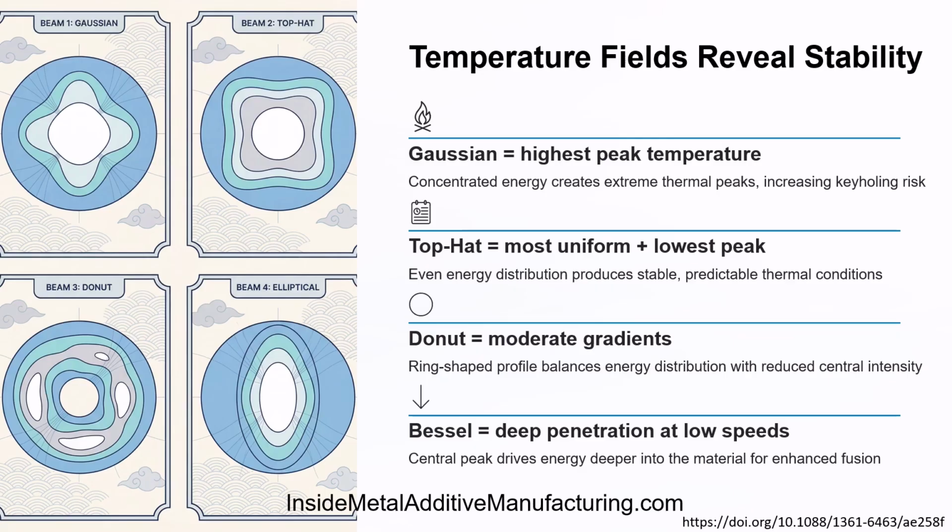Bessel beams exhibit behavior that depends strongly on interaction time. At low scan speeds, the central intensity peak enhances penetration depth, while at higher scan speeds, reduced exposure time causes the beam to behave similarly to a donut profile. These thermal differences directly influence Marangoni flow, spatter formation, and keyhole susceptibility.